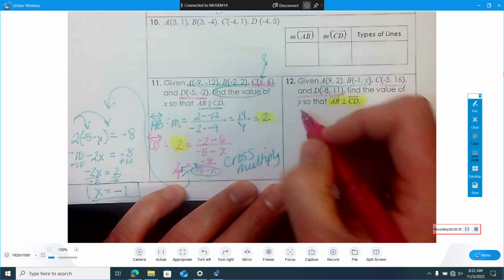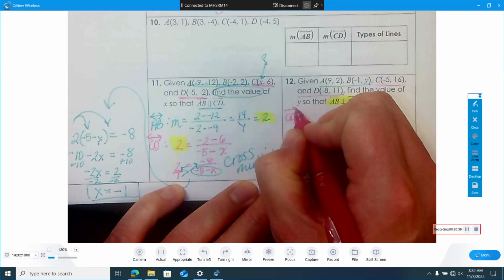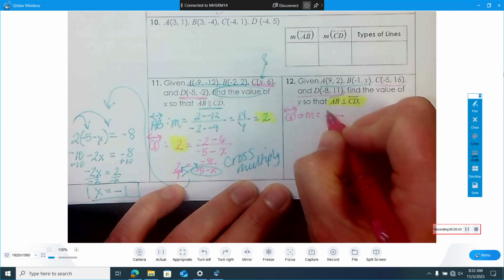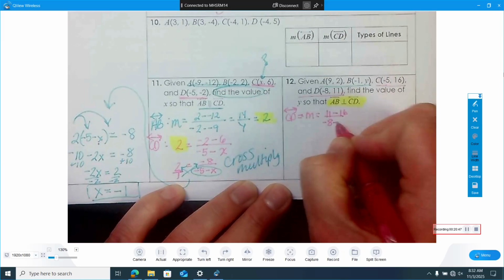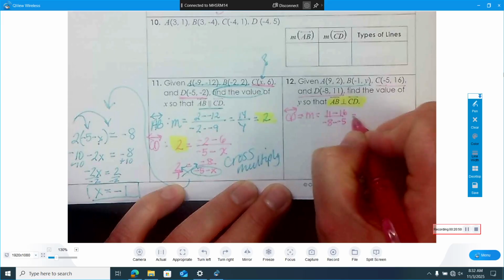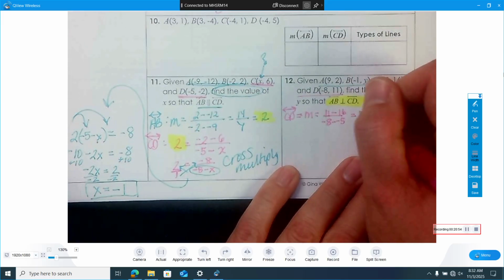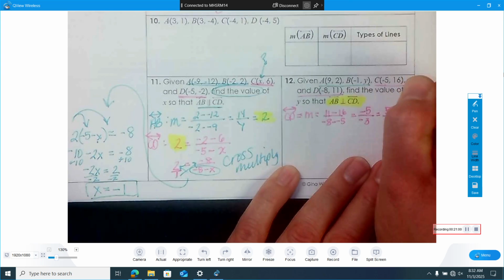Okay, so what can we figure out right now? Line CD. All right, we have information about C and D fully. So the slope of CD is 11 minus 16 over negative 8 minus negative 5, which would be negative 5 over negative 3, which does give you 5/3.